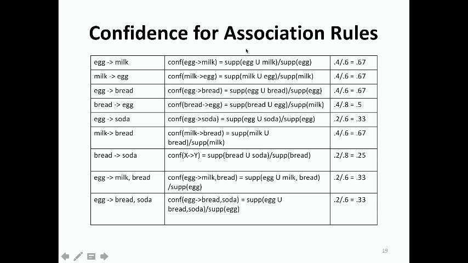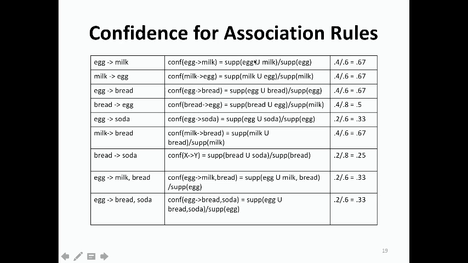Again, confidence is essentially the conditional probability that, given the left-hand side has been purchased, what's the chance that the right-hand side items are purchased. The calculation takes the percent of transactions that contain both the right-hand side and left-hand side, so it has to be both, and divides by the transactions that contain the items on the left-hand side.